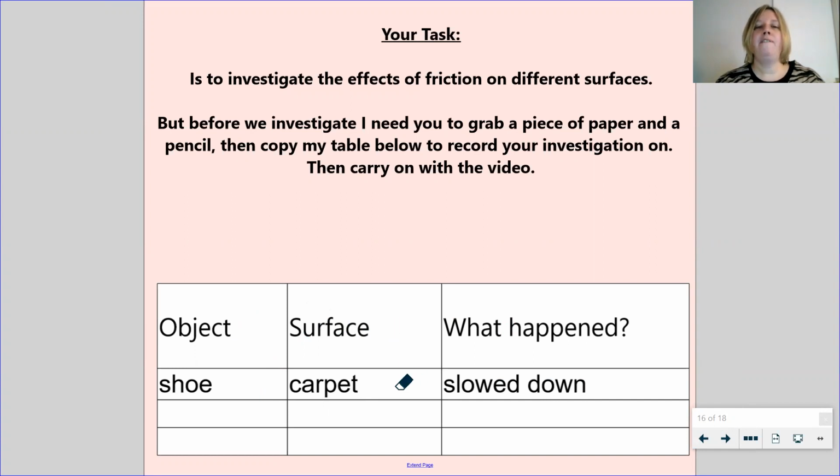That is the surface you will be testing the object on. In the third column, you need to write the heading What Happened. In that column, you will be writing down what you had noticed. So what happened in your investigation? Once you have drawn your table, you need to move on with our video.